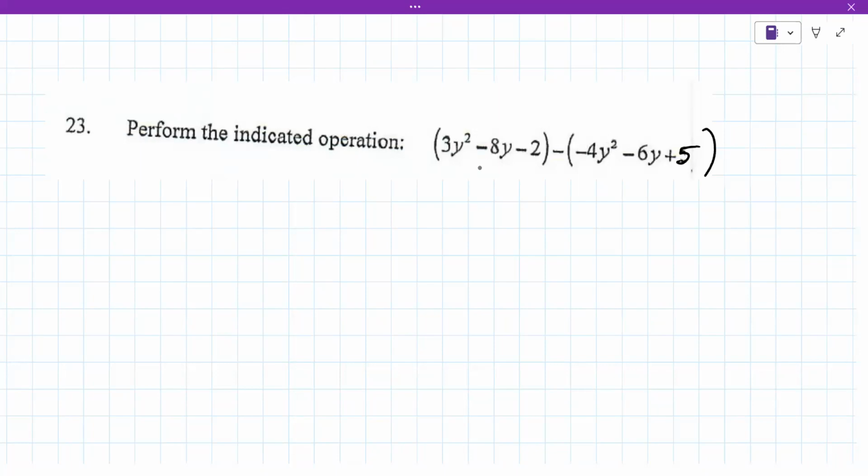So that would be 3y squared minus 8y minus 2 plus 4y squared plus 6y minus 5. Okay, 7y squared minus 7.